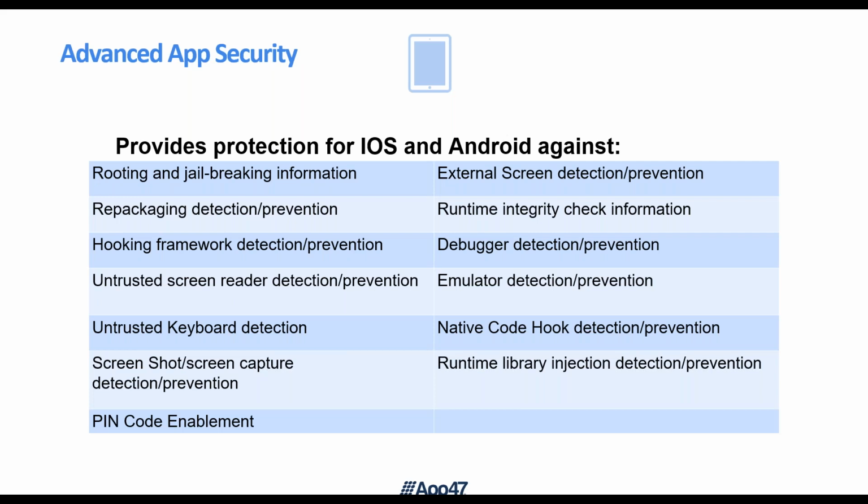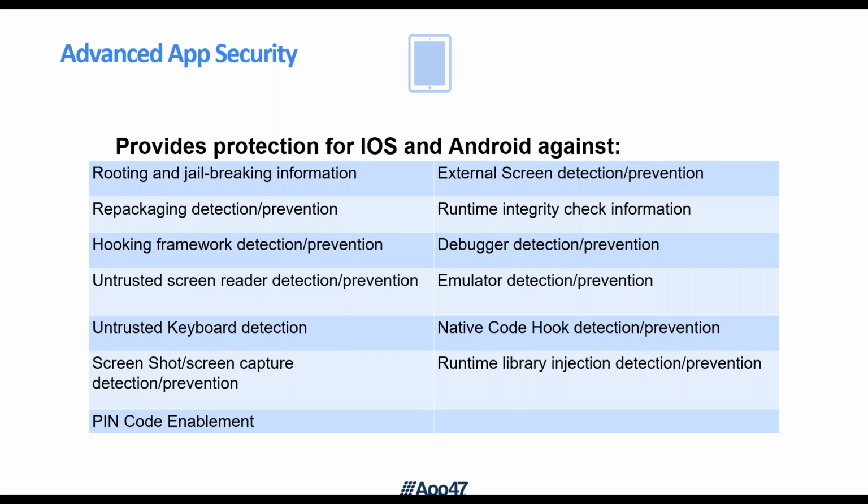The advanced app security provides all of these security features. We can detect rooting and jailbreaking, repackaging, hook framework detection and prevention, untrusted screen reader detection and prevention, untrusted keyboard detection. We can prevent the users from doing screenshots and screen captures.